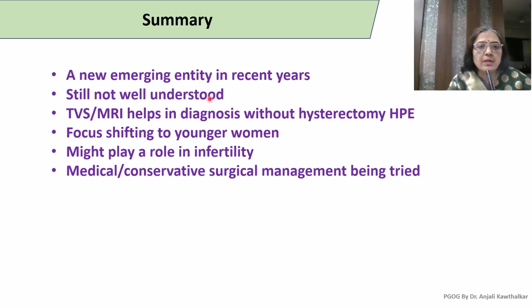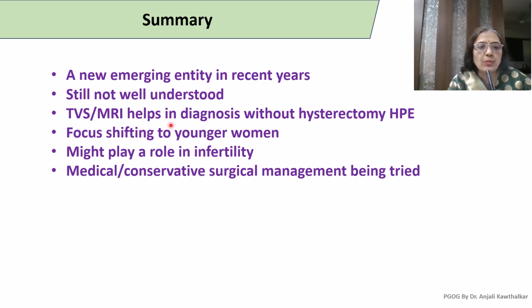To summarize, adenomyosis is a newly emerging entity in recent years. The pathogenesis of the condition itself is still not well understood. Transvaginal sonography, especially 2D or 3D ultrasonography, or MRI, helps in diagnosis without going for hysterectomy and histopathological examination.